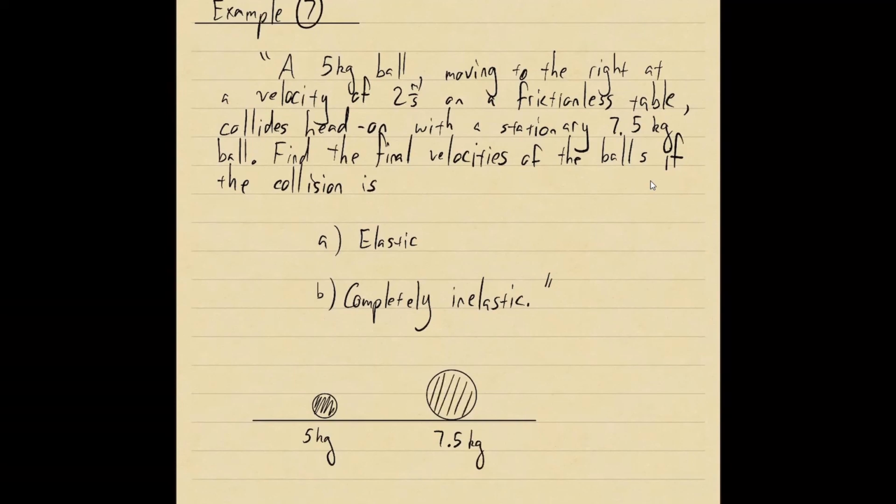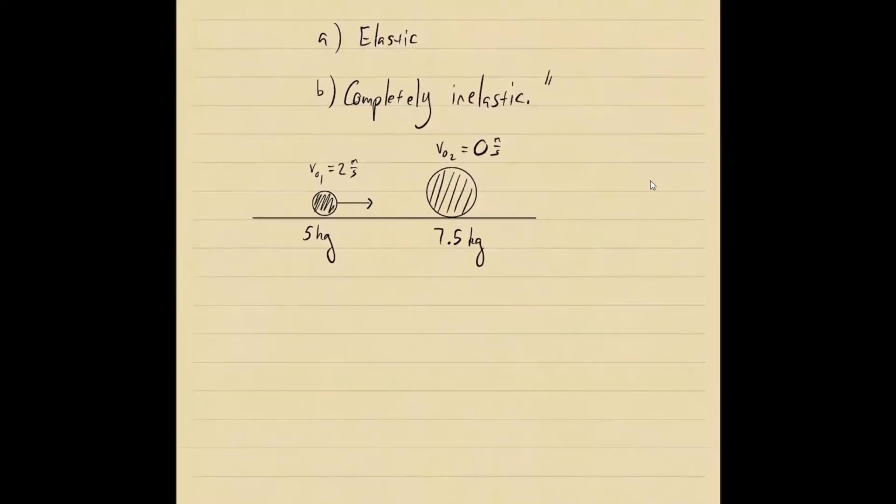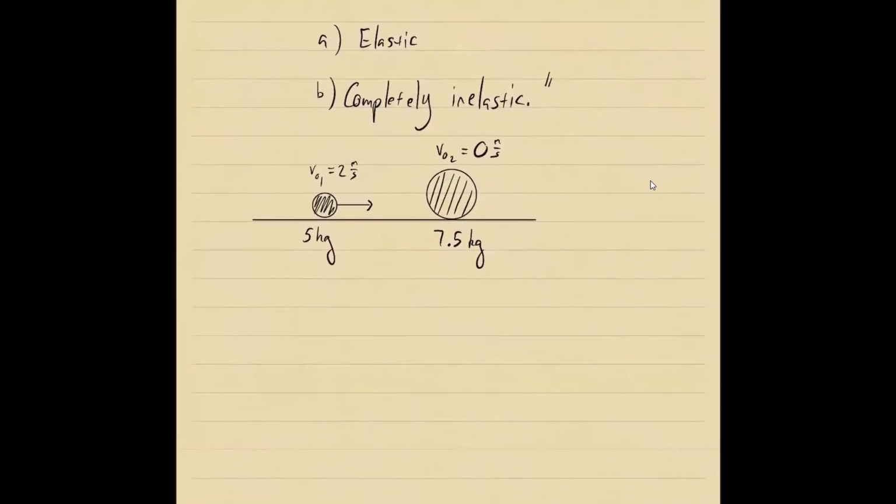Initially, ball 1 is moving to the right, with an initial velocity of 2 meters per second, where the fact that it's positive indicates it's moving to the right. And our second ball has an initial velocity of 0, it's initially not moving. We are tasked with finding the final velocities of these balls, for part A, an elastic collision, and for part B, a completely inelastic collision.